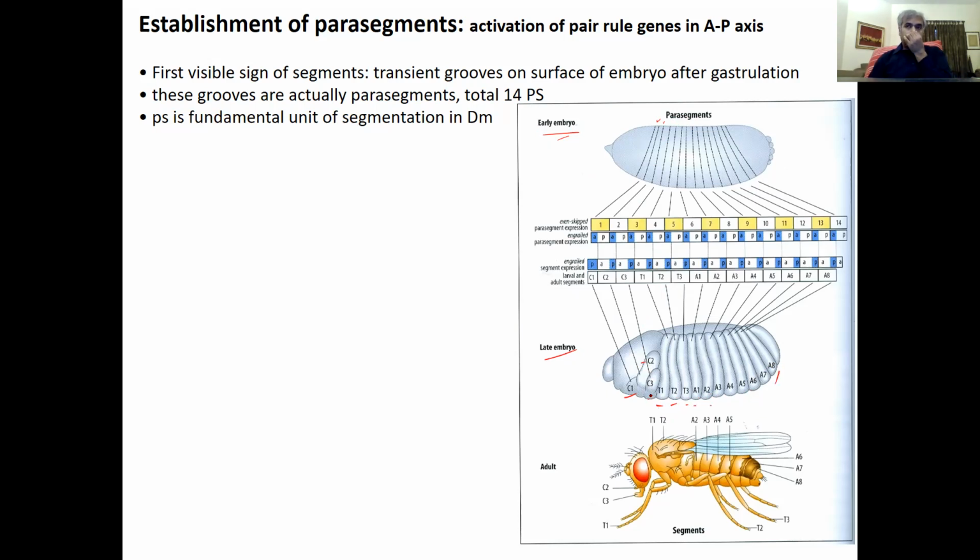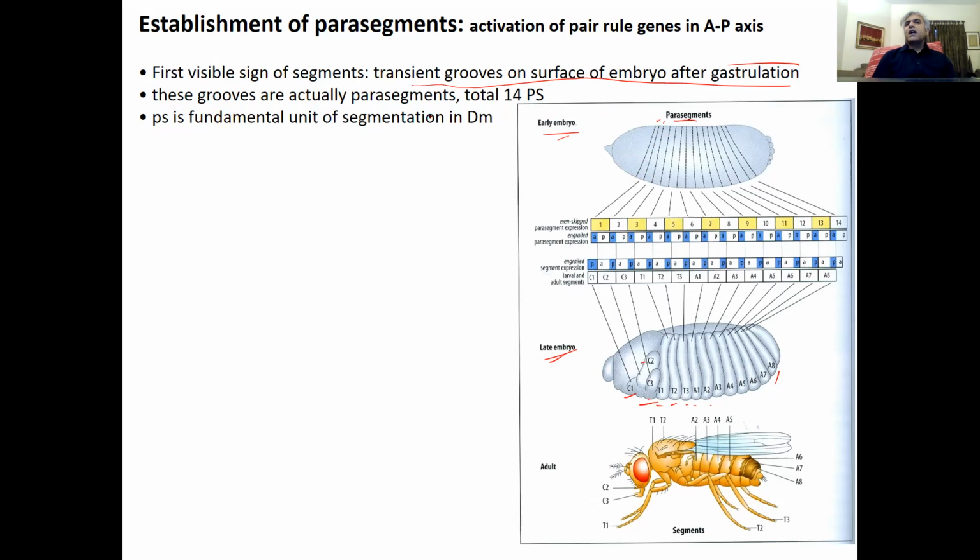Now, you have to understand the relationship between these early 14 parasegments and adult segments. When I say adult segments, they are still within the embryonic stage, the first 12 hours or so. These 14 parasegments appear as transient grooves on the surface of the embryo after gastrulation, these 14 stripes.